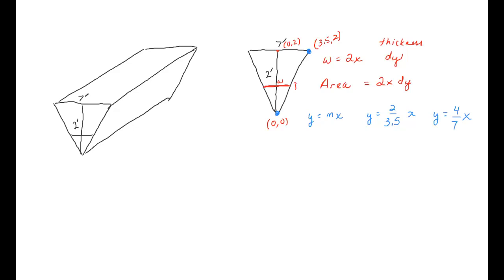And that means that x is 7/4 y. And so my area function is 2 times 7/4 y times dy.